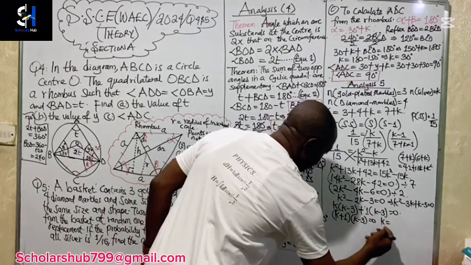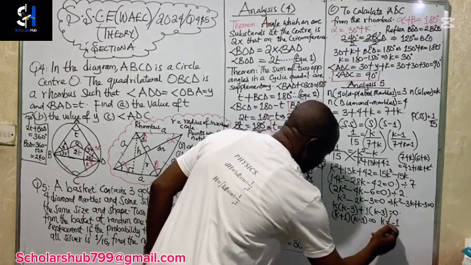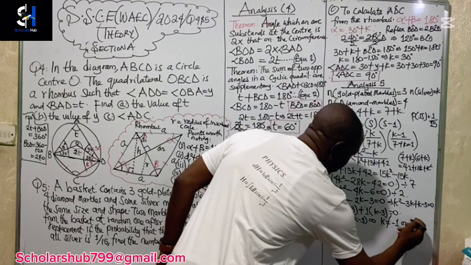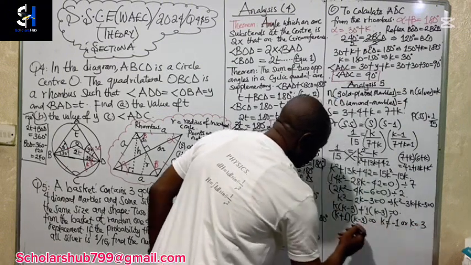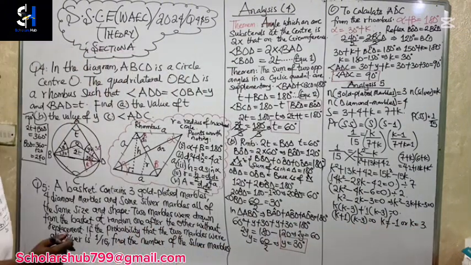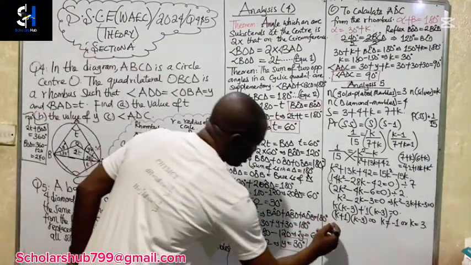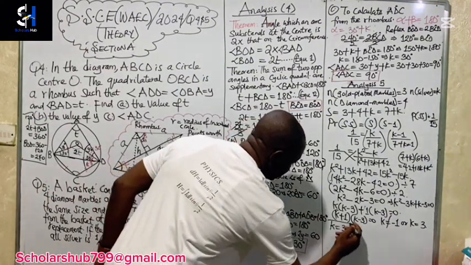So we have k equals to negative 1, which is not valid, or k equals to 3. So the number of silver marbles would then be 3. So k equals to 3.